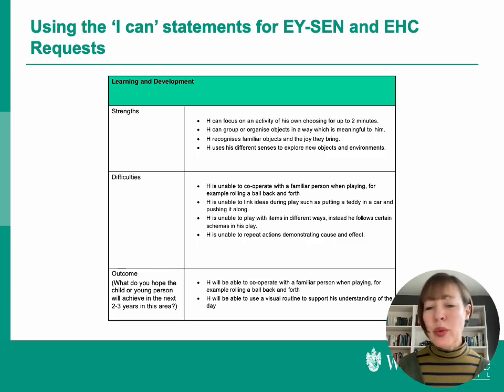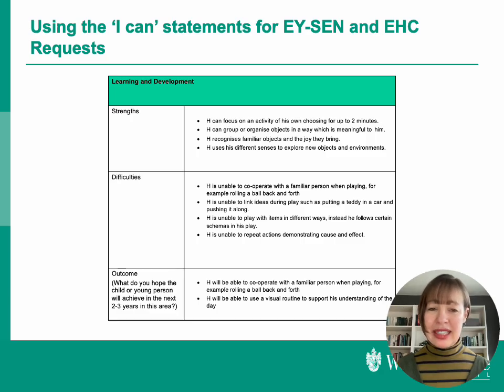So this is one way in which you could fill out the learning and development area in the EHC assessment request. You'll see that in the example, the hypothetical child has got strengths listed and difficulties listed, and in both instances, the statements in the assessment tool have been used.